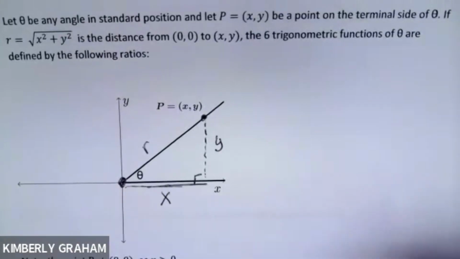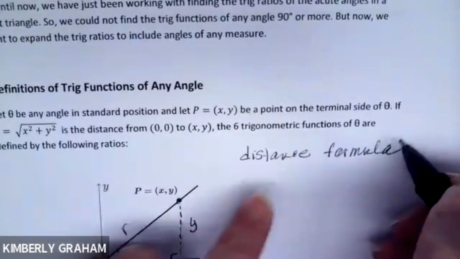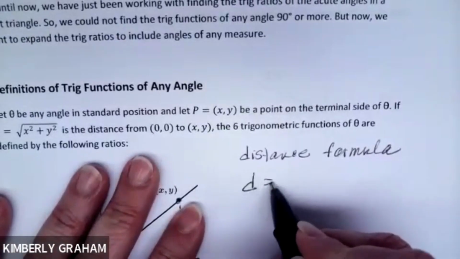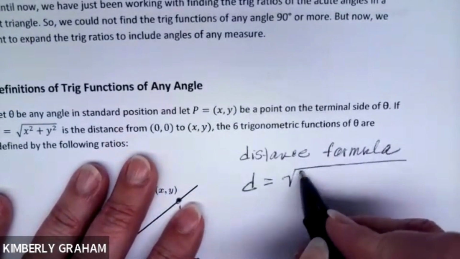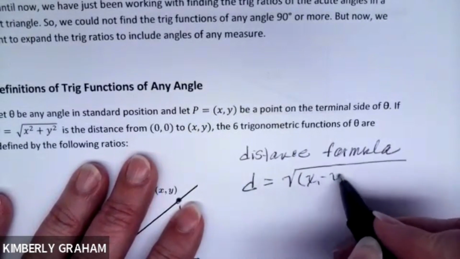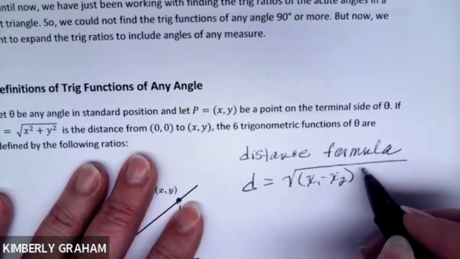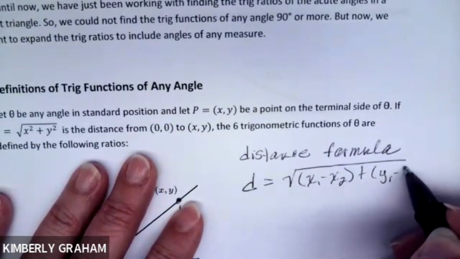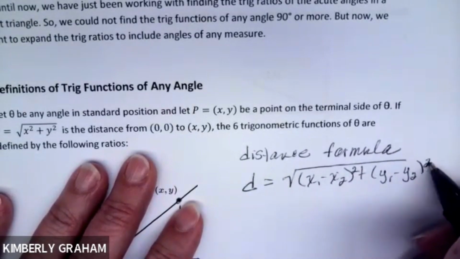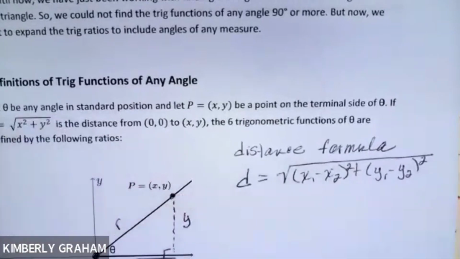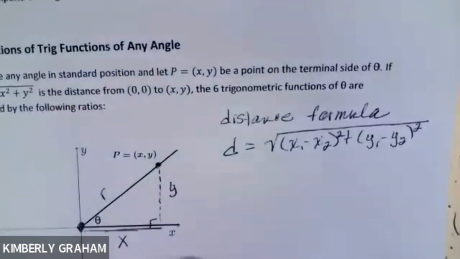We normally have our distance formula as d equals the square root of the difference of the x's plus the difference of the y's, and both of those differences are squared.